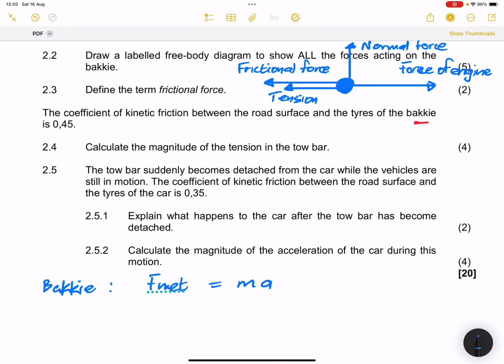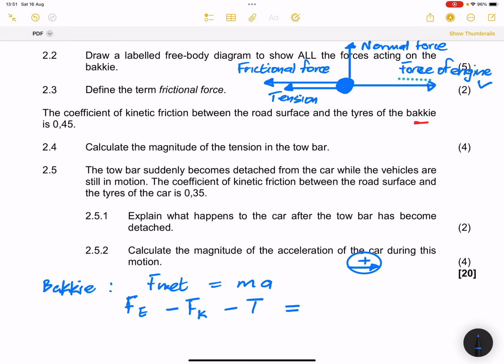So which means when we look at the tension, now I'm going to consider the direction of motion of the tow truck to be positive, right? So what are the forces that are acting? It's going to be the force of the engine, or you can say applied force, minus the frictional force, okay? And this is minus the tension.